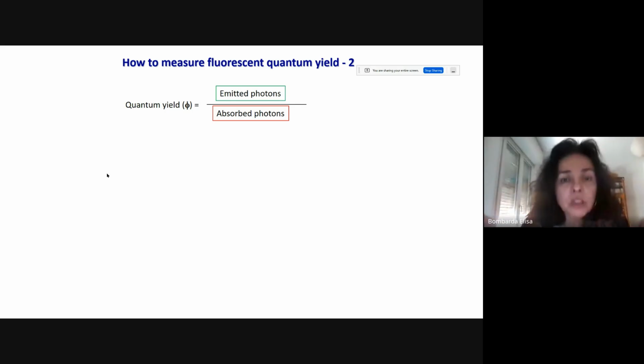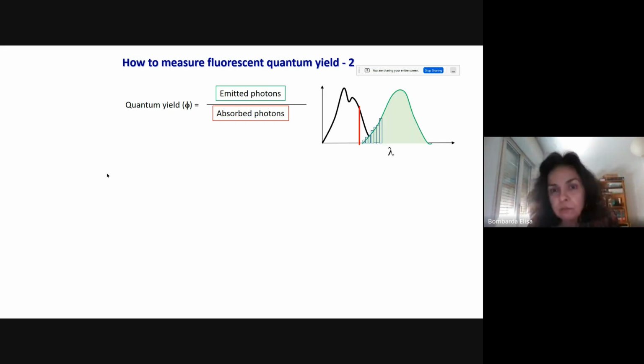So now, what is a parameter that is proportional to the emitted photon? It's the emission spectra. And what is the parameter that is proportional to the absorbed photon?